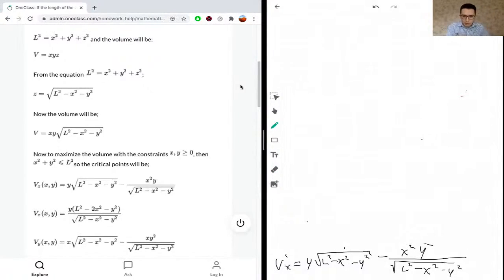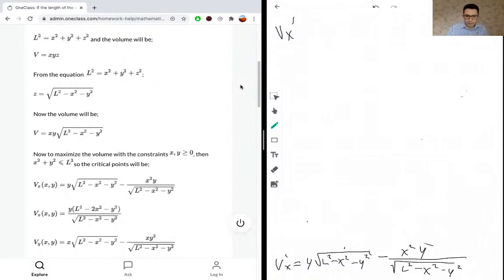Okay, so now we found the derivative with respect to x. We want to put it in one unit so we can find the common denominator and combine these two terms. So we have vx prime.